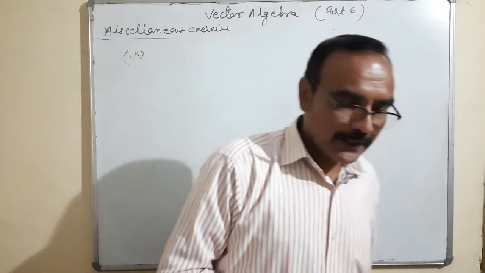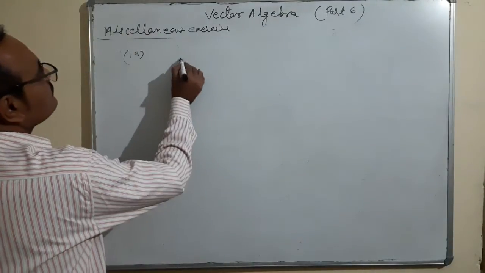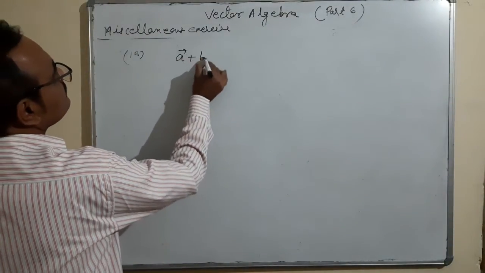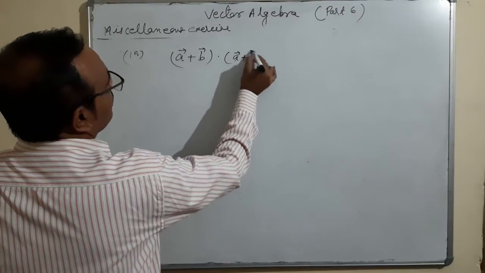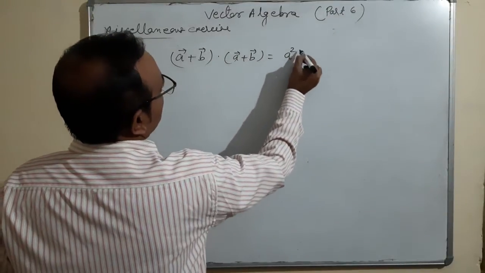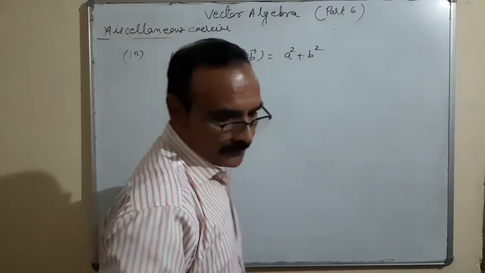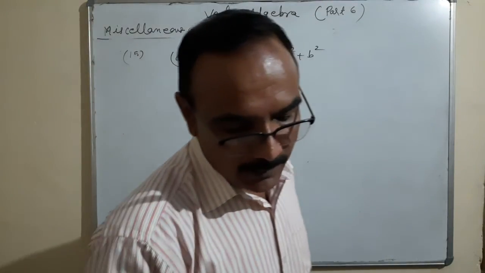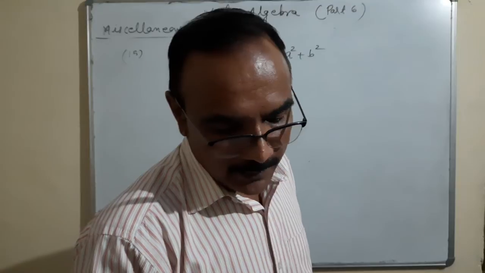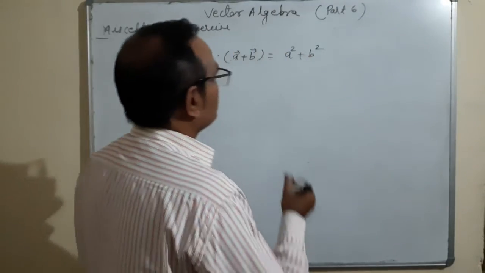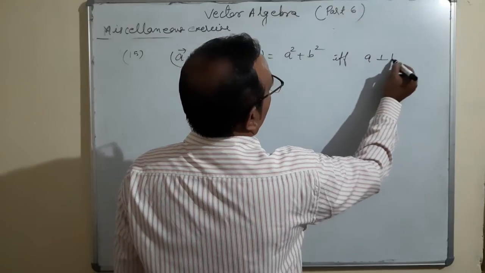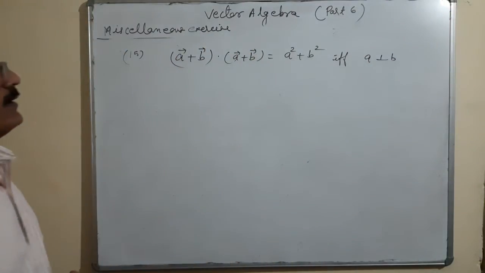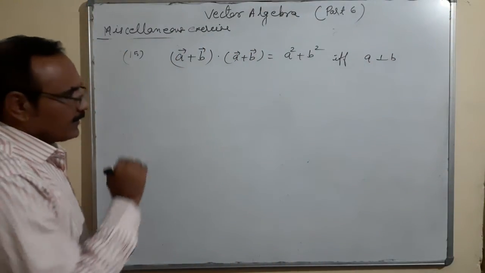It is given that vector A plus vector B dot vector A plus vector B is equal to A square plus B square. Okay, A and B are perpendicular.